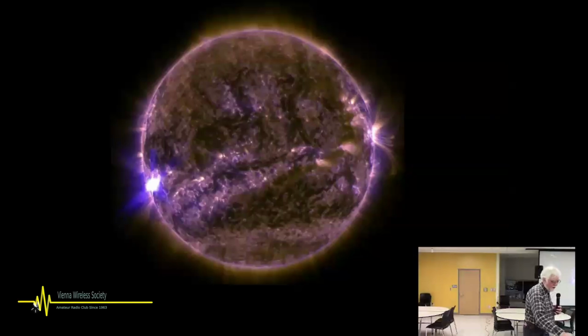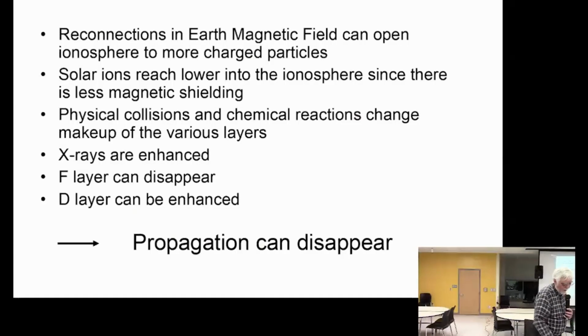And this is the white area on the lower left there, a solar flare. And then you get all sorts of strange things when that stuff hits. Remember, this is really high energy stuff hitting the top of the Earth's atmosphere and the ionosphere.